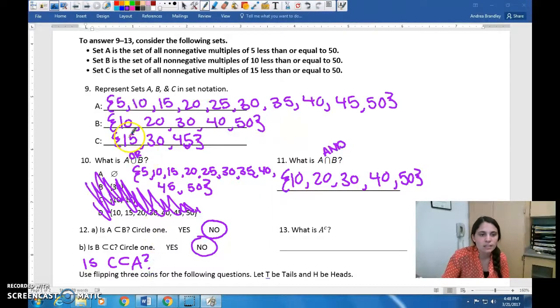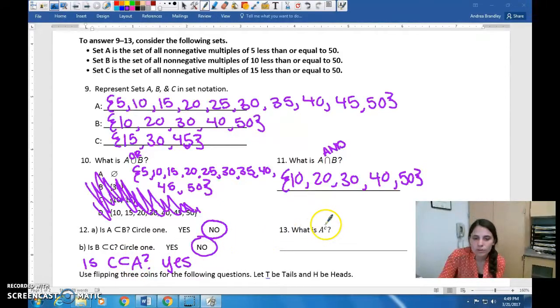So if we look at C, C has a 15, a 30, and a 45. So if we look, A has 15 and 30 and 45. So if we were asked, is C a subset of A, the answer would be yes. So there's an example I just added so you could see what it would look like if the answer was yes, it is a subset.